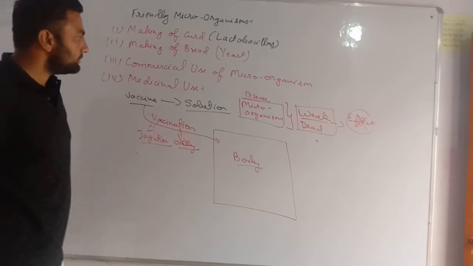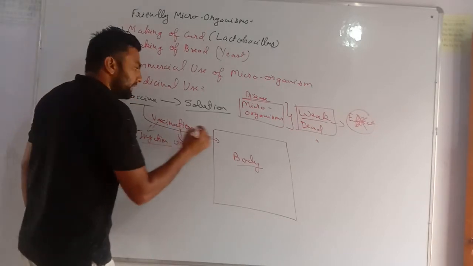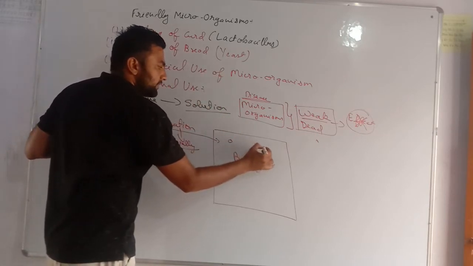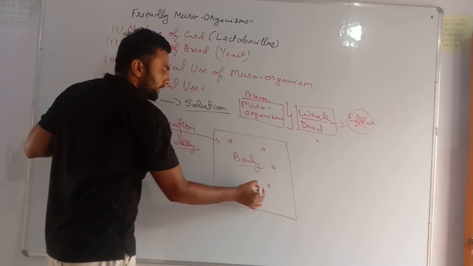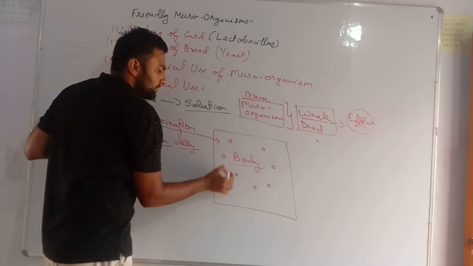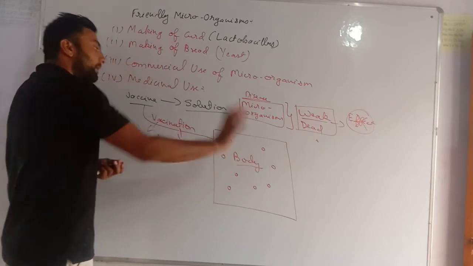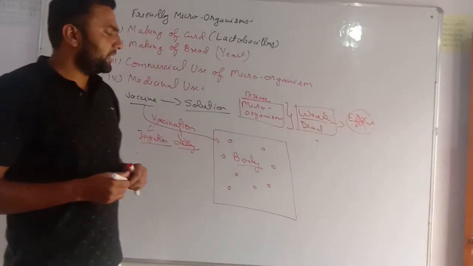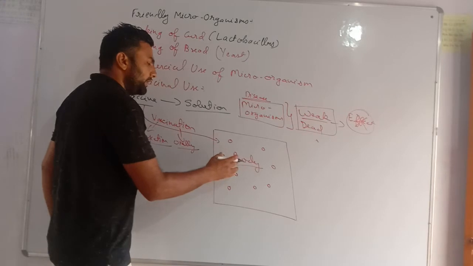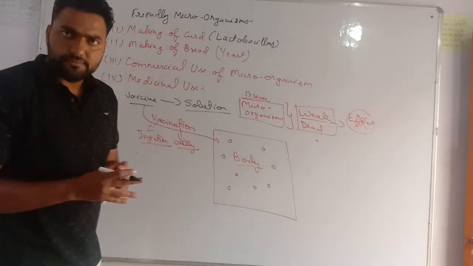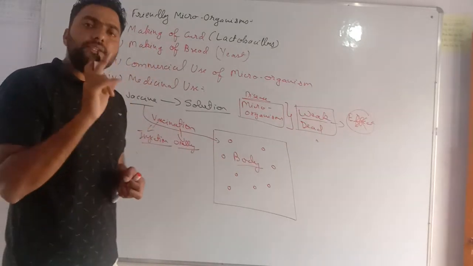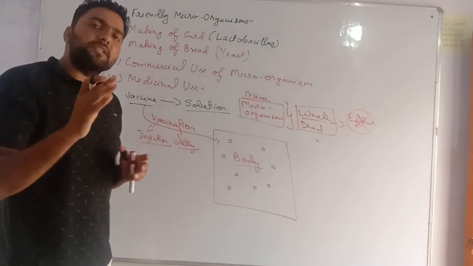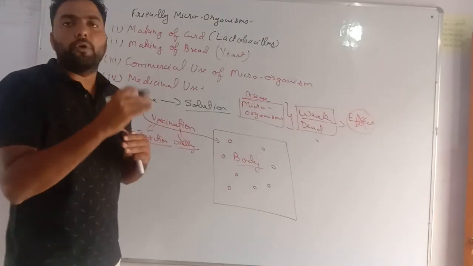See, my dear students, when these microorganisms come into my body, they are disease causing, but they will be unable to create any disease in my body. Why? They are very weak. Our human body is very smart and highly active. As we all know, plasma is present in our blood, and its function is to generate antibodies.